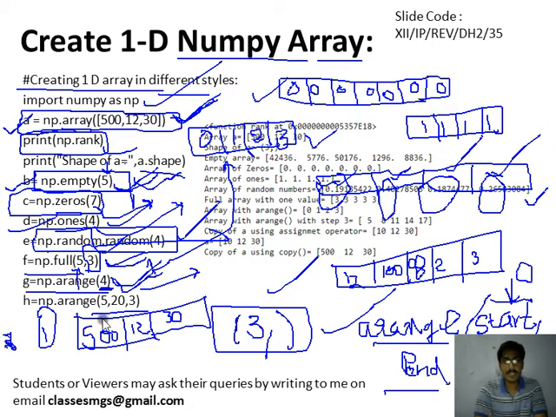Now we will have this example. This example has the start value 5, stop value 20, and after each value starting from 5 we will add 3 to it.